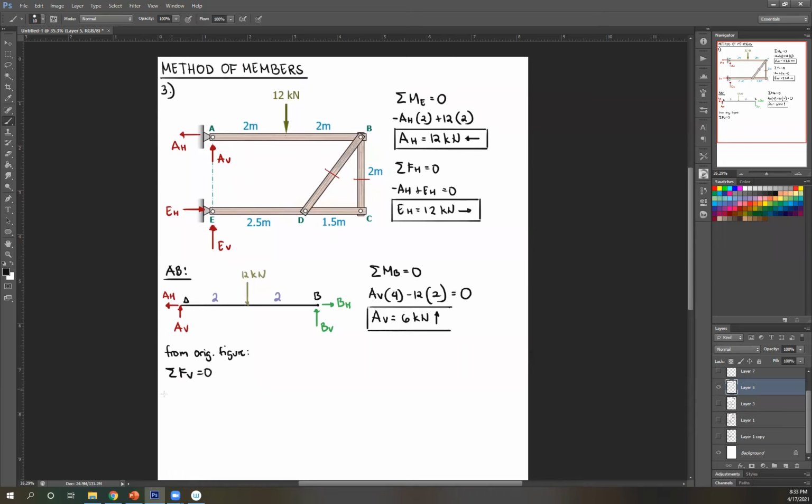AV upward, EV upward, so positive. And then we have an external force downward, so minus 12 equals 0. Knowing that AV is 6, you can solve for EV. And then EV is 6 kilonewtons. Positive, therefore correct assumption, it's upward.